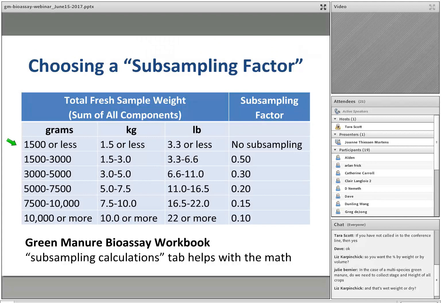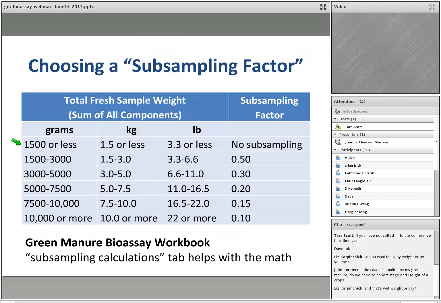And then depending on what that weight is, you would choose what we're calling a subsampling factor for how much of that total sample to actually carry on through the rest of the process.